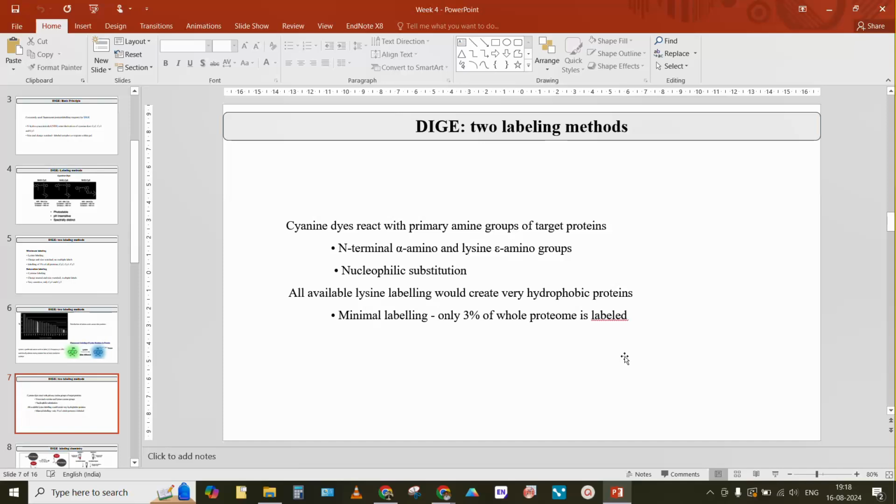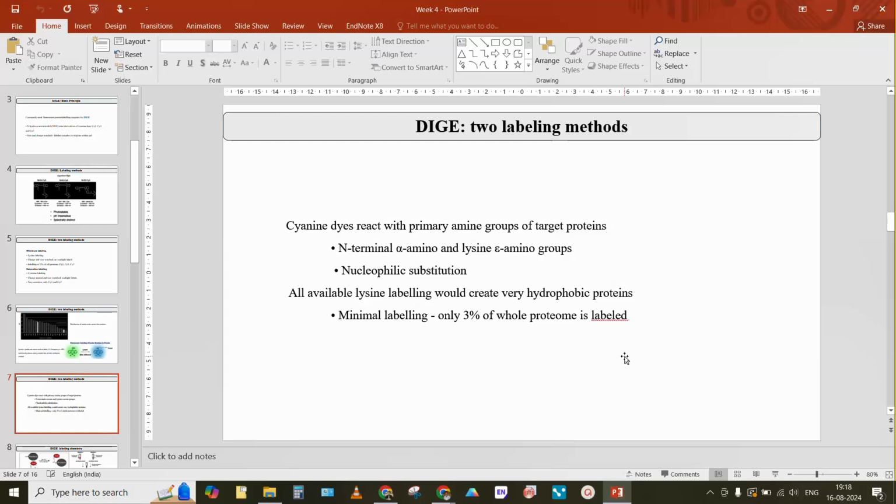Now let's talk in more detail about the minimal labeling of lysine. The cyanine dyes react with the primary amino group of target proteins and the N terminal. So the alpha amino group and the lysine epsilon amino groups are labeled by the process of nucleophilic substitution.